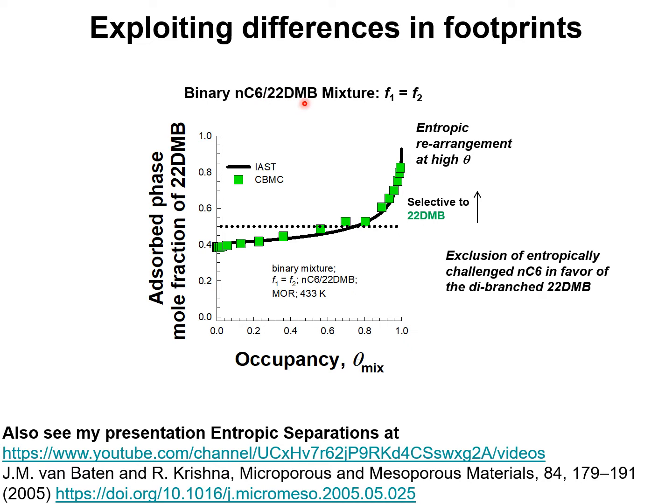In the bulk fluid phase, the partial fugacities of each of the components are maintained equal to each other, and I plot the mole fraction of 2,2-DMB in the adsorbed phase as a function of the pore occupancy.